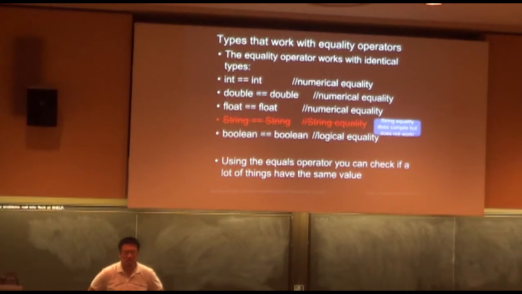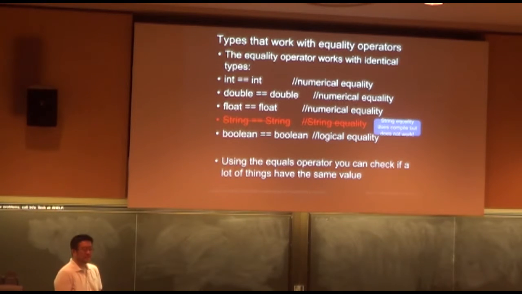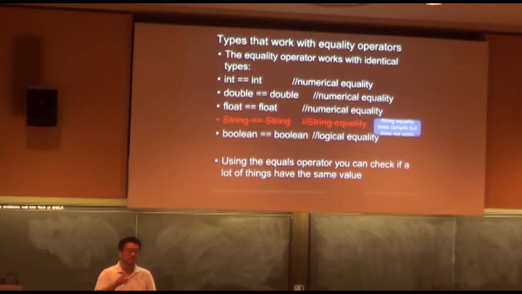Okay, so equality operators are also different from the arithmetic operators and some of the other operators in the sense that they work with lots of different types. They also interact with the casting system that we had mentioned earlier, so we should talk about that. Equality operators, just like the arithmetic operators, demand that you have the same type on both sides of the operator.